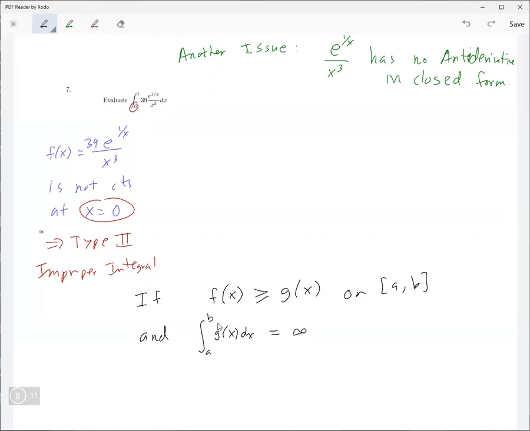Okay, so in other words, if we can show this function is bigger than some other function, and that other function diverges, then this function also diverges.